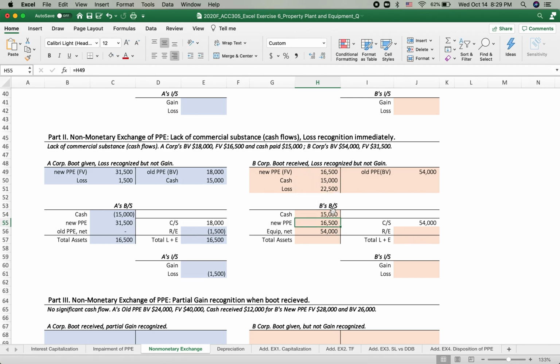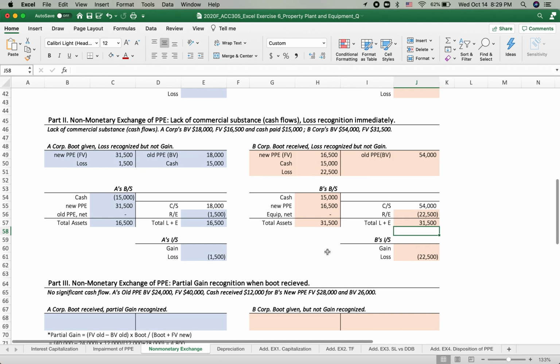And then the loss we put there, and all the PP&E 54,000 should be removed. So let's sum up, and let's link this loss into the retained earning. It should be the same as total asset, 31,500.